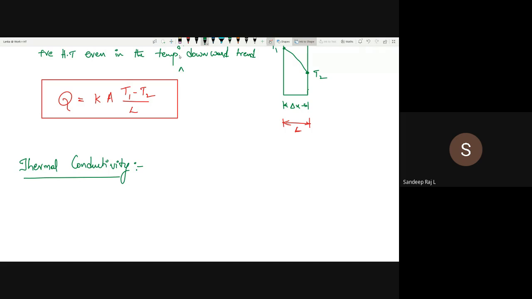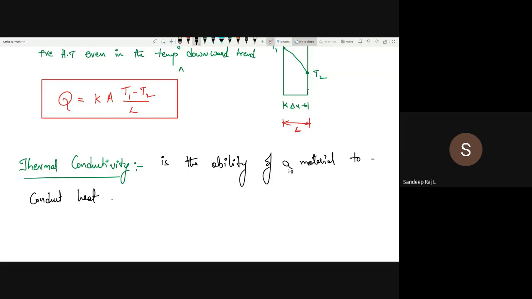So let me write it down here. Thermal conductivity is the ability of a material to conduct heat.